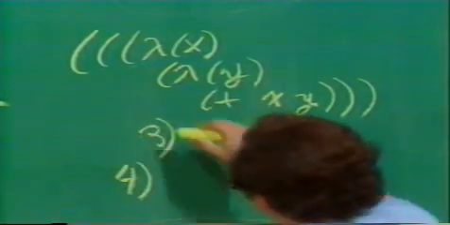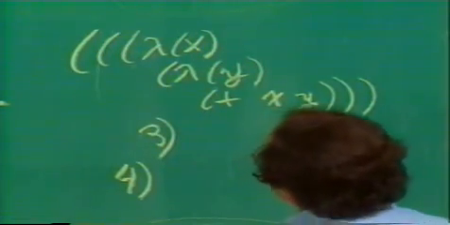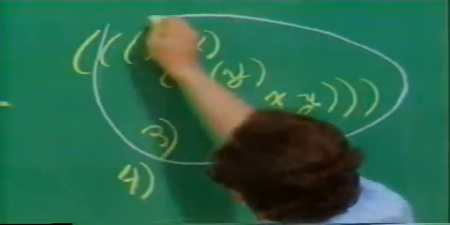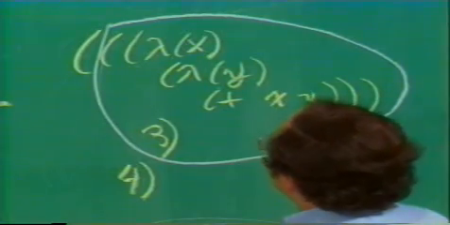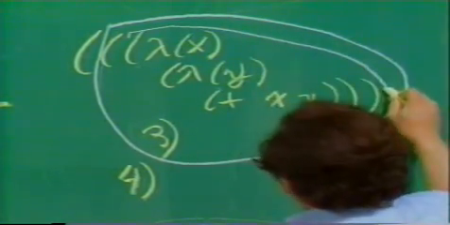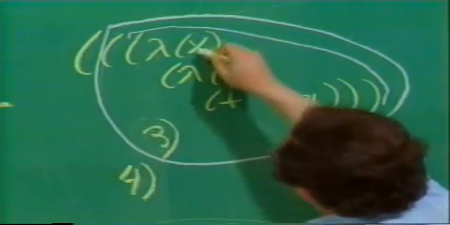Okay, now, you should immediately see that here is an application. Let me get a white piece of chalk. Here is an application, a combination. That combination has this as the operator and this as the operand. The 3 is going in for the x here.